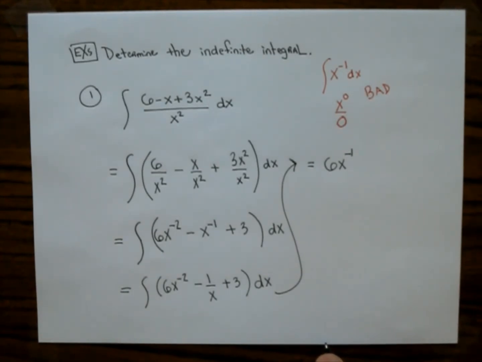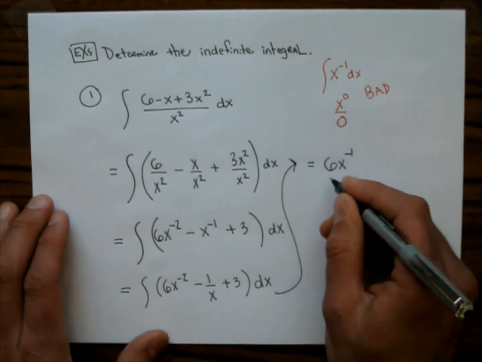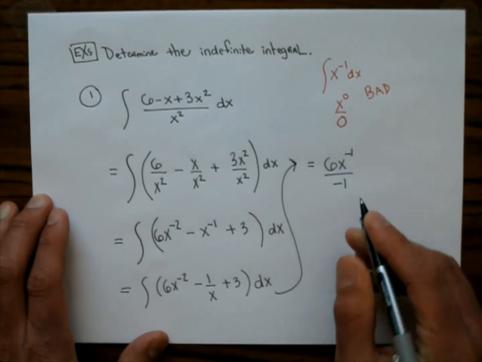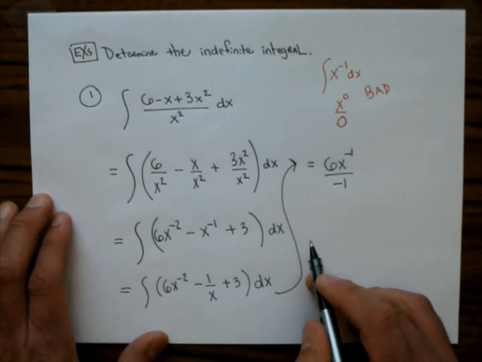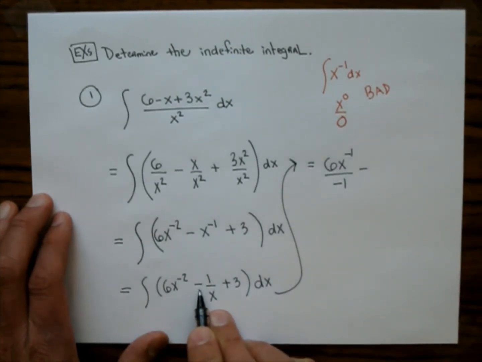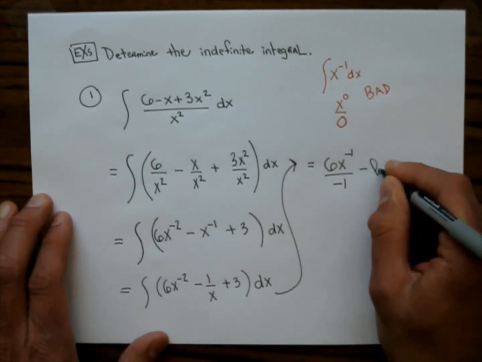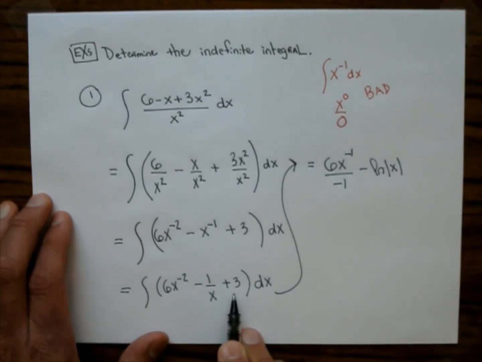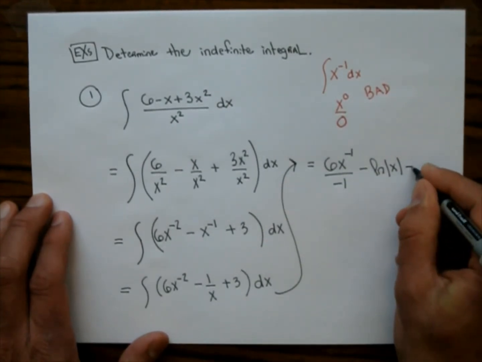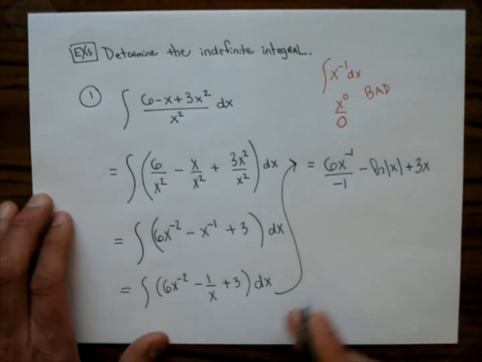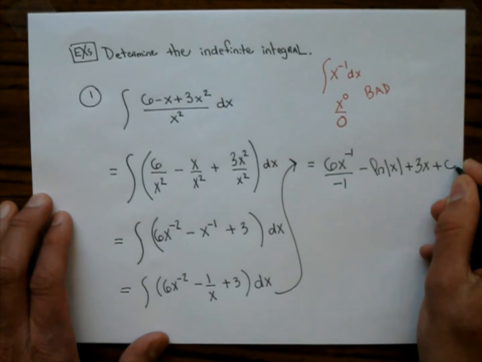Now I have to divide that by that negative 1 as well, because that is the power rule for antiderivatives. The next one's going to be minus, because the minus is there, 1 over x. The antiderivative of 1 over x is ln absolute value x. The antiderivative of 3 is 3x. And don't forget plus C.